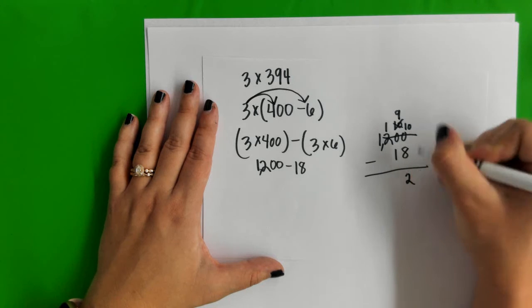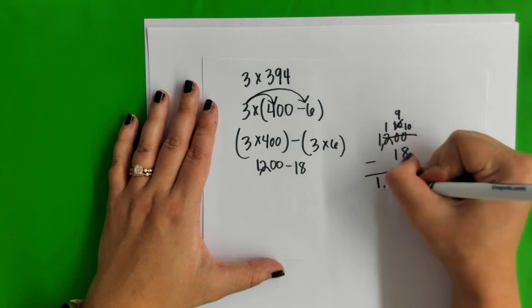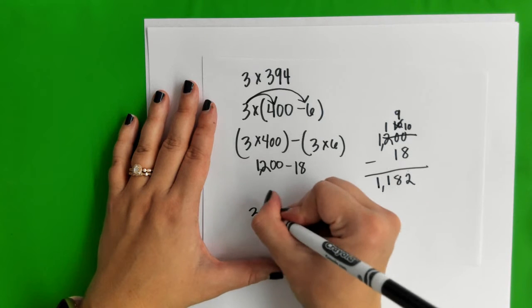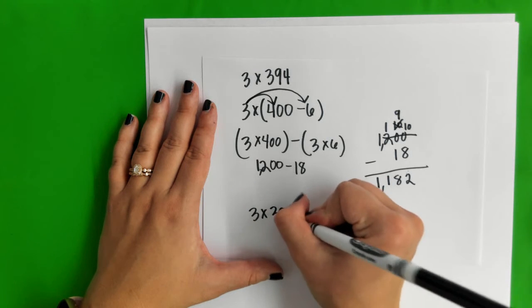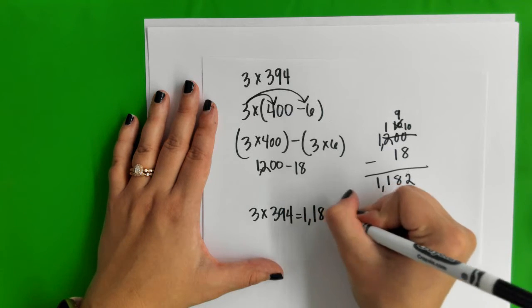Minus 8 is 2. 9 minus 1 is 8. 1, 1. So 3 times 394 equals 1,182.